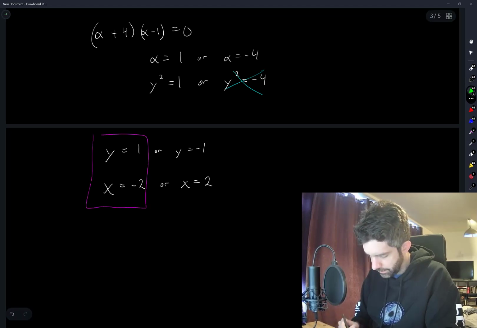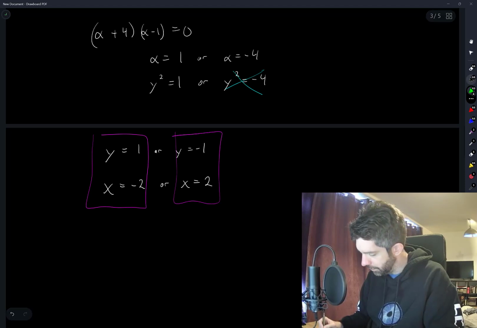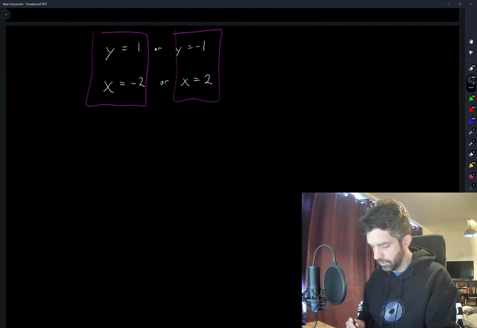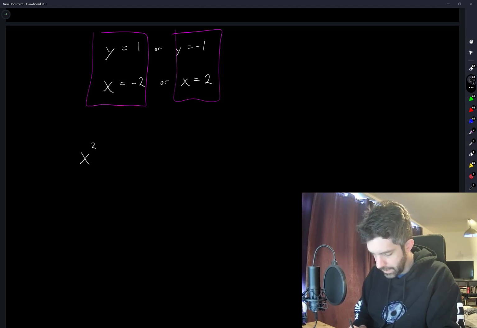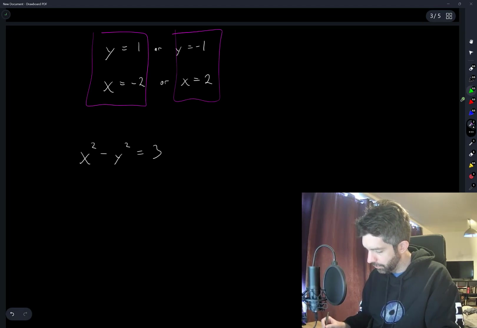And we'll go back and check that both of these do in fact work just by substituting into the original expressions. So the original one, x squared minus y squared is equal to 3. This certainly works for both of them, right? We have 4 minus 1 or 4 minus 1.